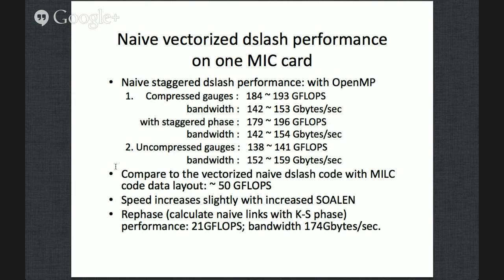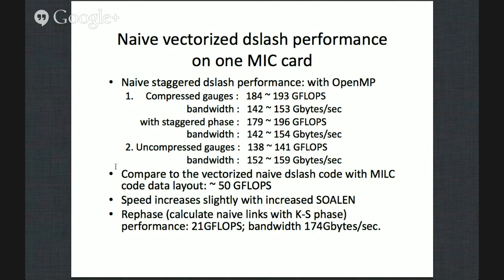We also tried the vectorized naive D-slash code with the original MILC data layout, but performance was lower. We typically observed around 50 gigaflops, and the speed increased slightly with increased SOA length, but not very obviously.